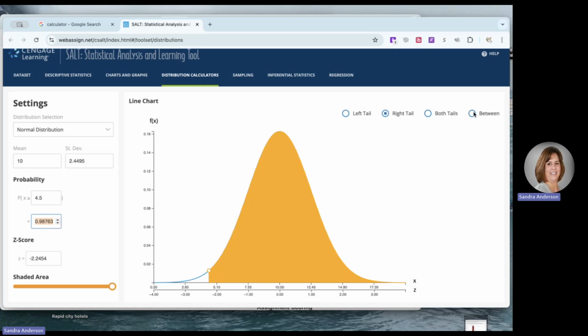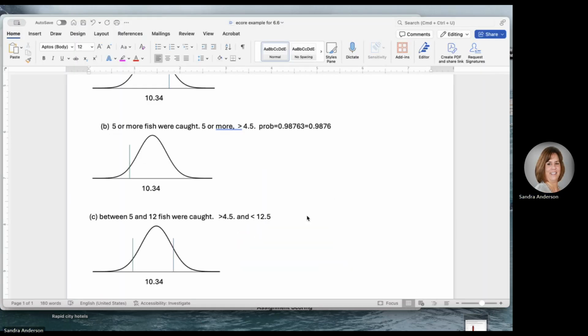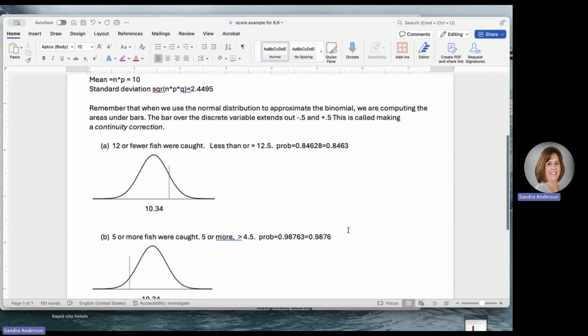So now I'm going to click the between, and I'm putting in 4.5 and 12.5 to get our answer of 0.83391. So the probability equals 0.83391, which when we round to 4 decimals, we just take the 1 off there. So 0.8339 is what you should put in for your answer.